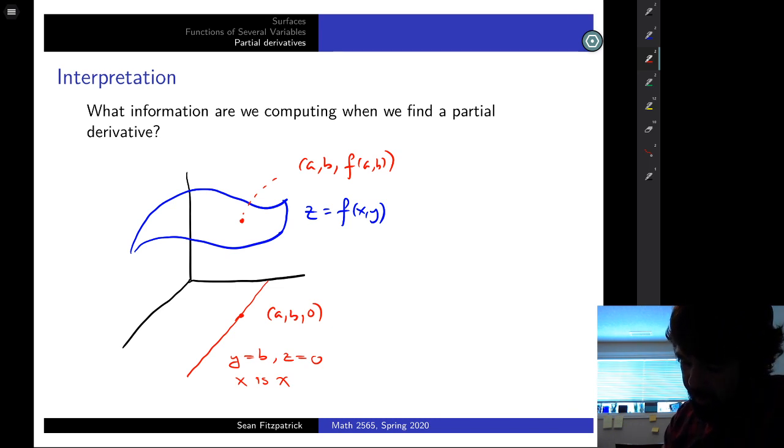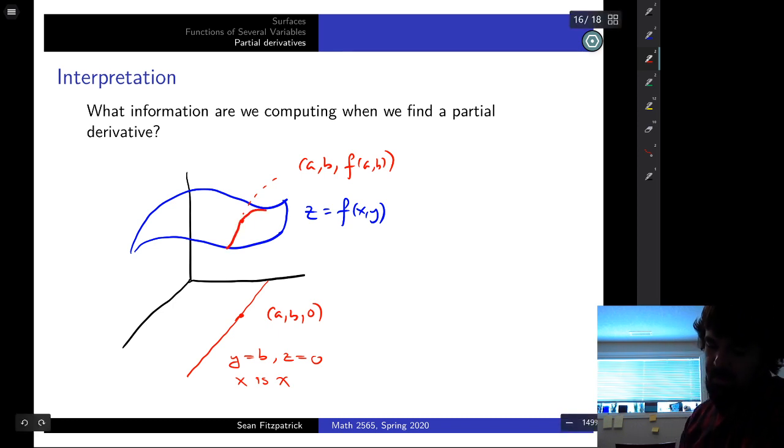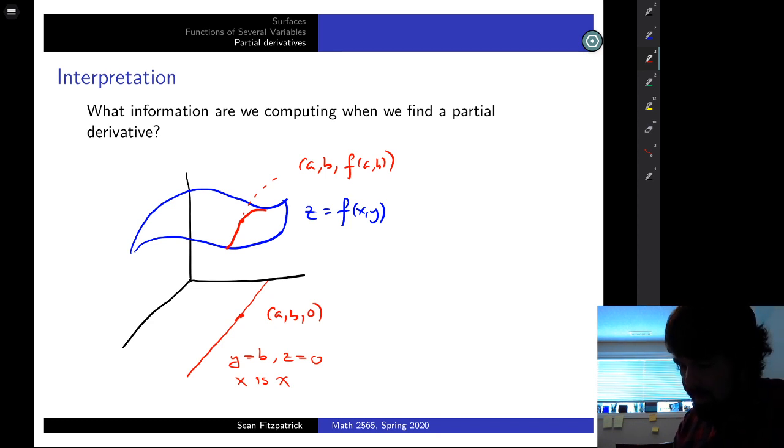So for all the points along that line, there are corresponding points on the surface, right? Every point along that line, we plug the x and y coordinates into the function, we plug x, b into the function, we get a spot on the surface, right?